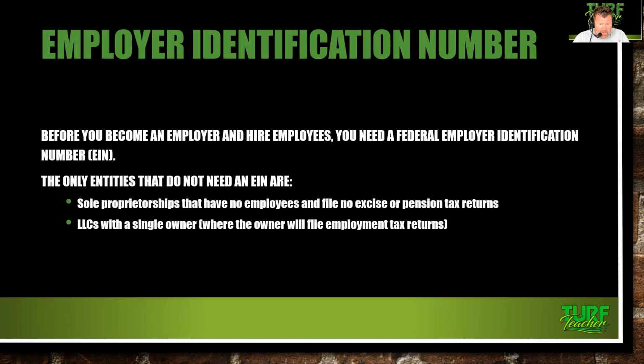The only entities that do not need it are sole proprietors that have no employees and file no excise or pension tax returns. They don't need it, but they can get it. And then LLCs with a single owner, where the owner will file employment tax returns. Most people still get it just because they don't like using their Social Security number.